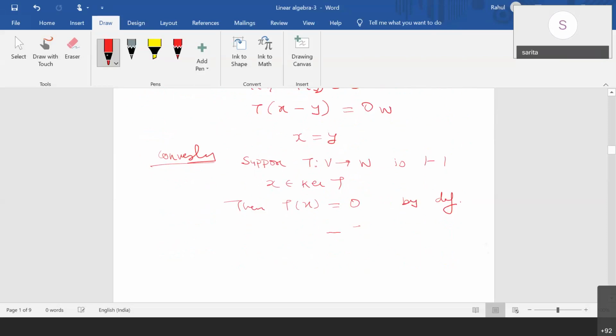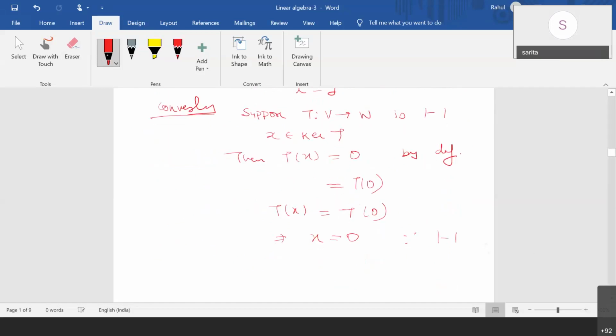This can be written as T0. This is because T is 1-1. So kernel T is 0.